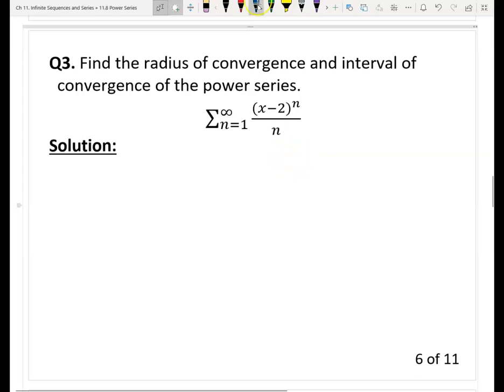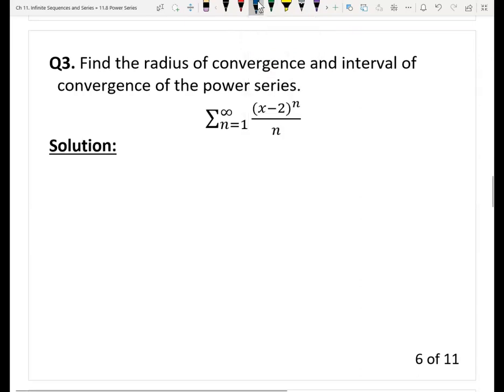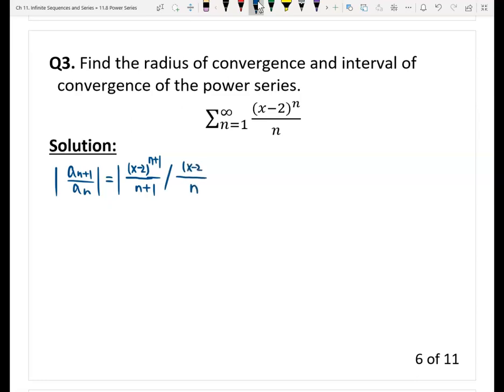So let's find the ratio. The ratio of a_(n+1) over a_n is a fraction: (x minus 2) raised to the (n+1)th power over n plus 1, divided by a_n, which is (x minus 2) raised to the nth power over n.